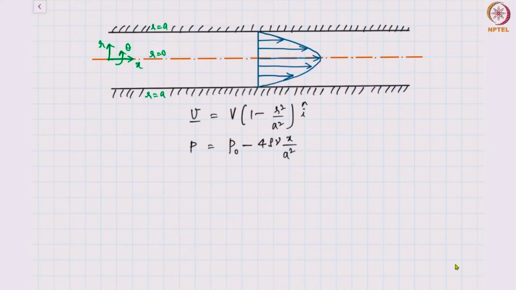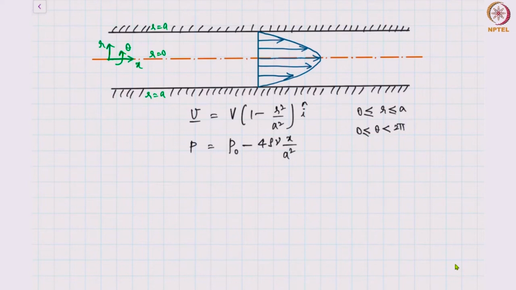The pressure is basically varying along x. So this is valid for 0 less than r less than or equal to a, and 0 less than or equal to theta less than 2 pi.